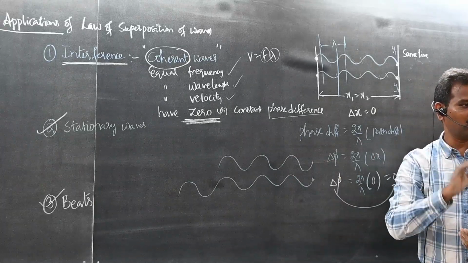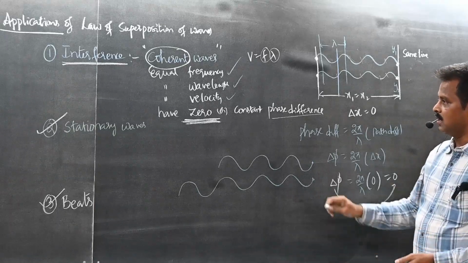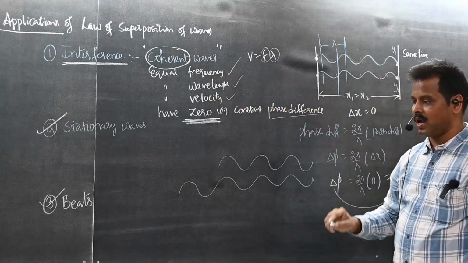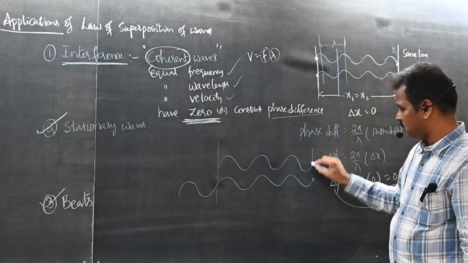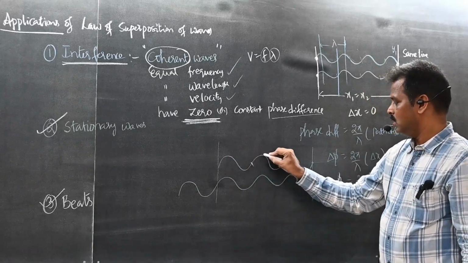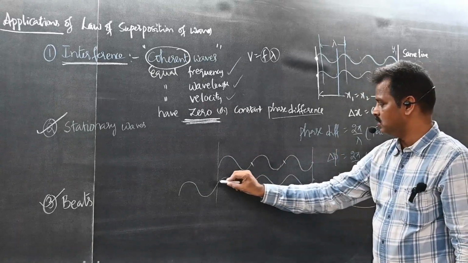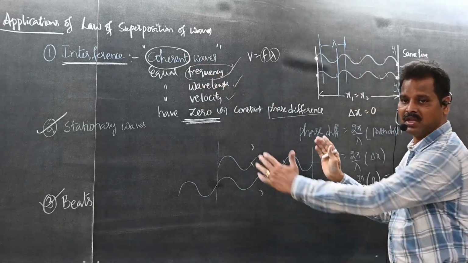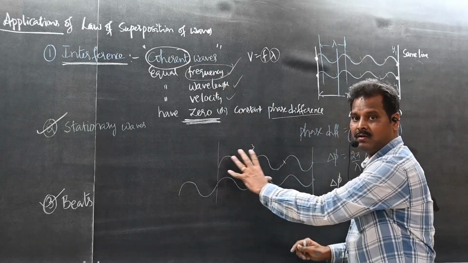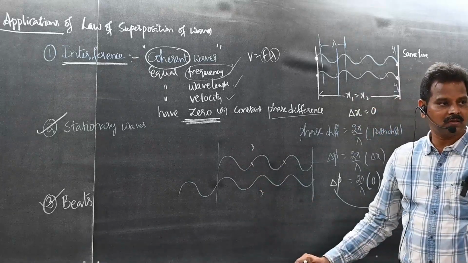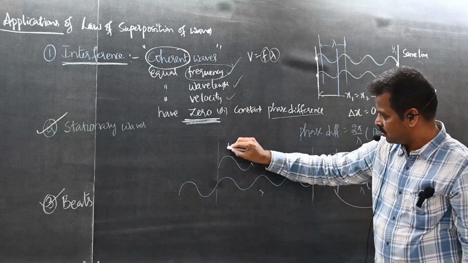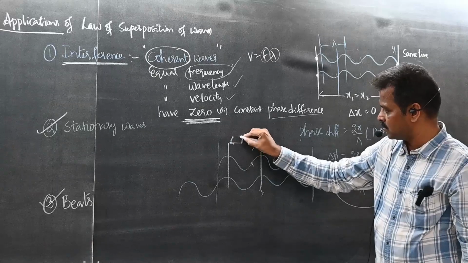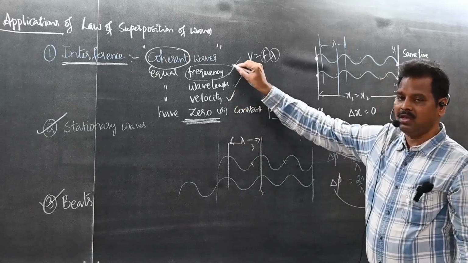First we will check whether they have the same frequency or not. To check this, we have to count the number of waves in a given distance. Here 3, here 3. So same frequency. In the same length, an equal number of waves should be there. Okay. Wavelength, crest to crest, same or different? Velocity, if these two are same.